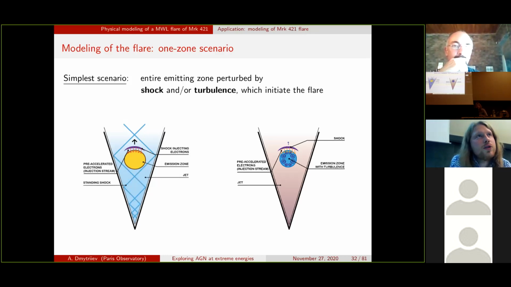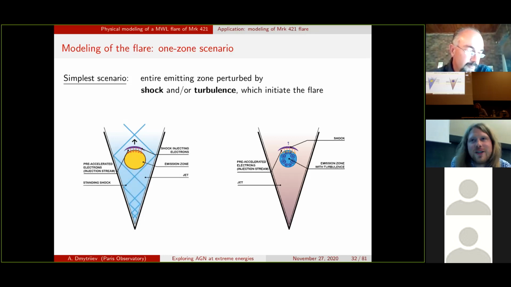The idea was to stay within this assumption of weak perturbation, keep the emitting zone unchanged, and consider adding new free parameters step by step within this perturbation approach.